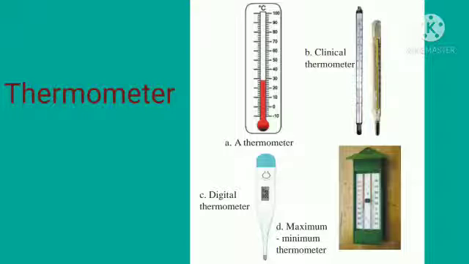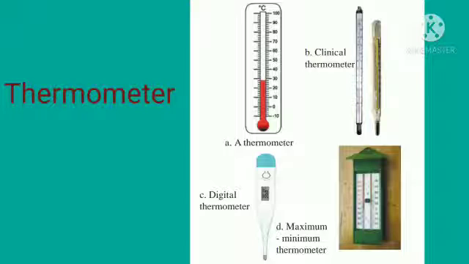The thermometers used in laboratory are similar to the one shown in the figure, except that the range of temperatures that it can measure is large, spanning minus 10 degrees Celsius to 110 degrees Celsius or even larger.